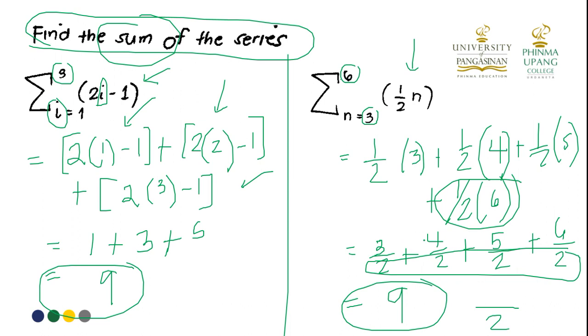What is 3 plus 4? 7. 3 plus 5? 12. 3 plus 6? 18. What is 18 divided by 2? 9. Is it correct? Yes po. Are we clear po? Yes po.